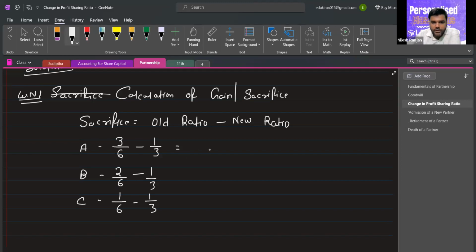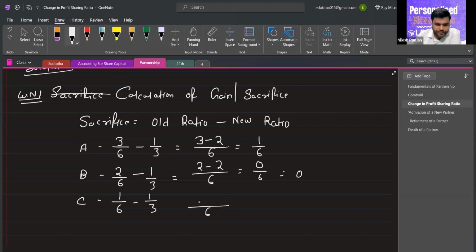Okay. So the denominator is 6. Here it will be 3 minus 2, which is 1/6. Here it will be 2 minus 2, so it is actually 0. No gain, no sacrifice.